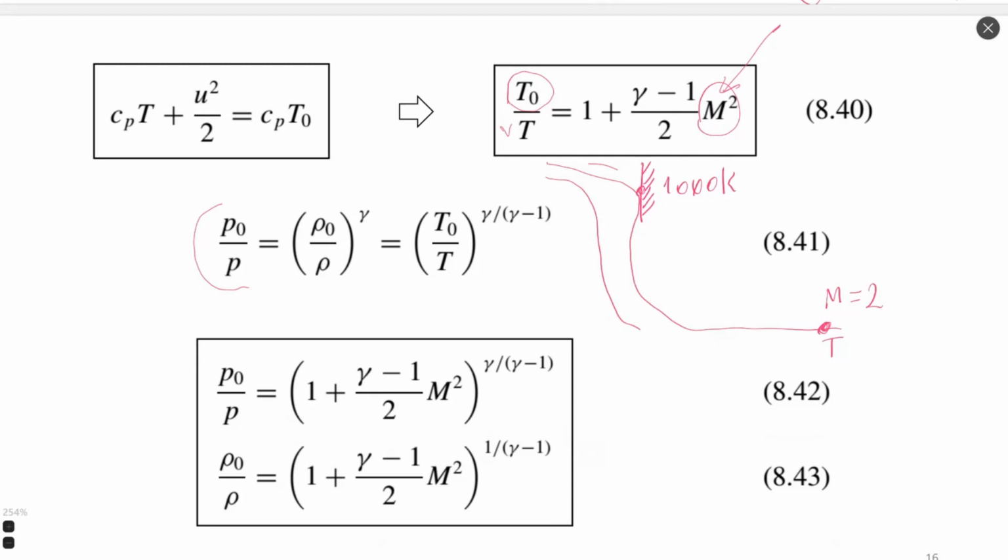So look, I measure one temperature at some specific point, and I calculate completely in a different point what I want. And not just temperature, also other thermodynamic properties in the same way.